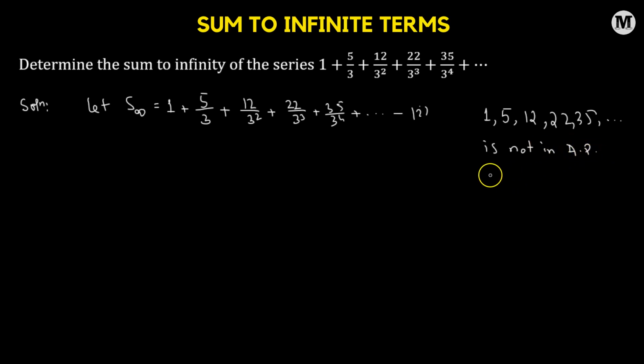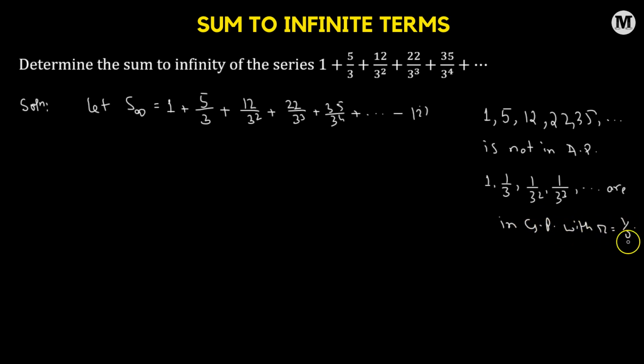However, if we consider 1 from the first term, 1 over 3 from the second term, 1 over 3 squared from the third term, 1 over 3 cubed from the fourth term, and the remaining terms, these are going to be in geometric progression with common ratio 1 over 3.